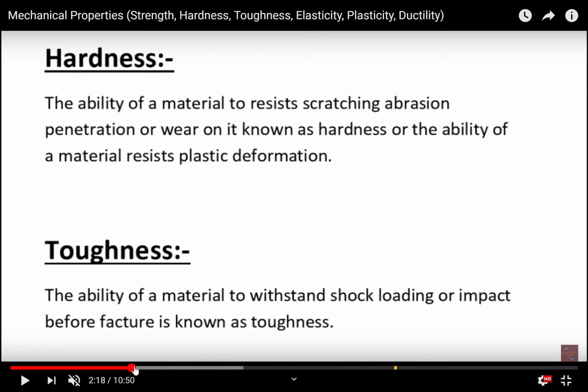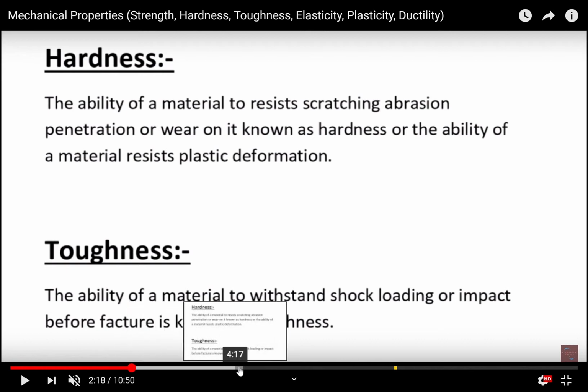We tested the untempered and the tempered, and the tempered martensite steel was a lot tougher. It was able to absorb an impact. And there are various tests for that as well. So that's our toughness.